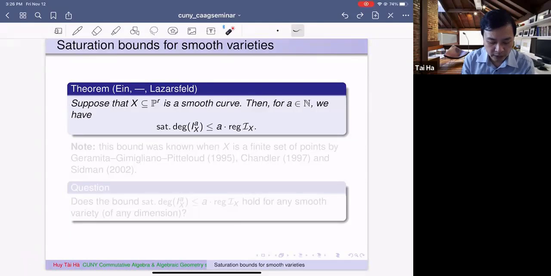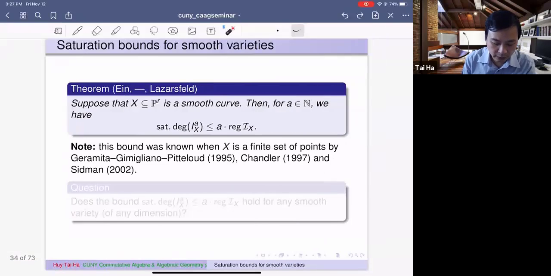We prove that if X is a smooth curve, then for all A, the saturation degree of the A-th power of the defining ideal of X is bounded above by A times the regularity of the ideal sheaf. And when I write the regularity of the ideal sheaf, I really mean the geometric regularity, because the algebraic regularity already includes the saturation degree, so there's no point of including it on the right hand side.